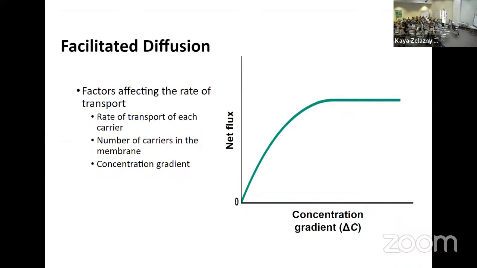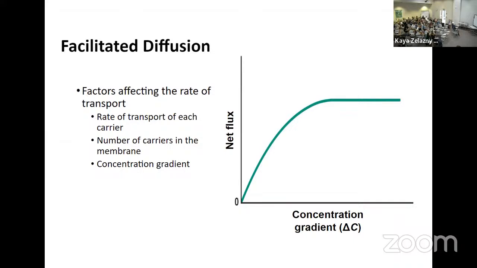So each of those carrier proteins is going to have its baseline rate of transport, which is going to put a maximum on our ability to move whatever we're moving, in the previous example, glucose, right? We're going to put a kind of top line where we plateau, because you can't go faster than all of them moving as fast as possible.